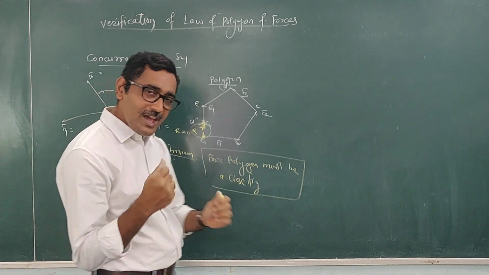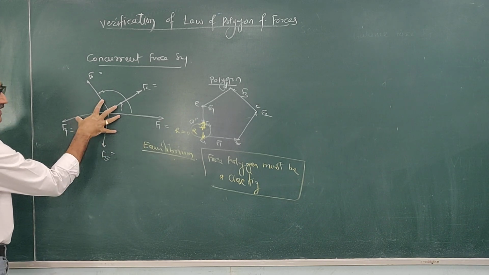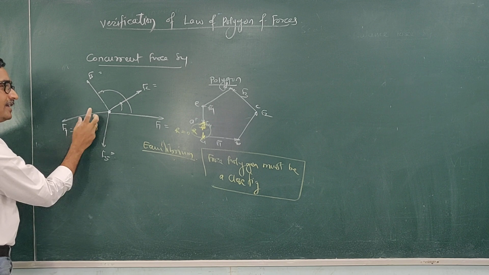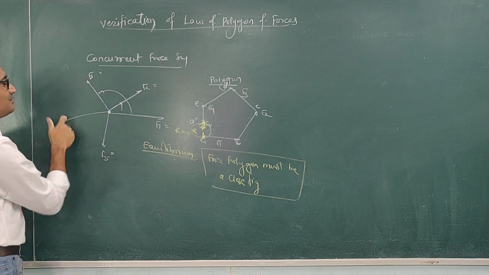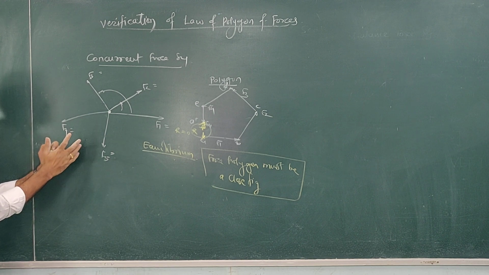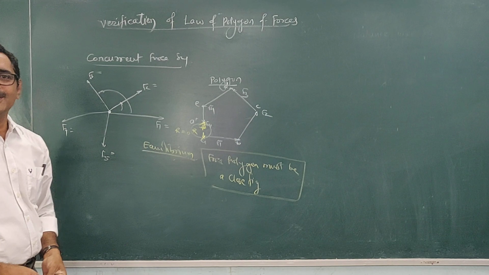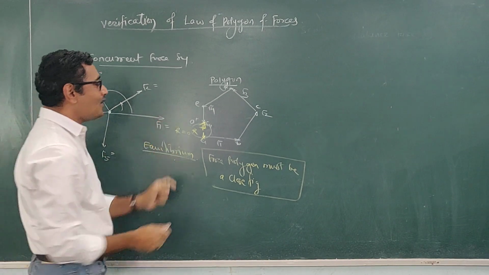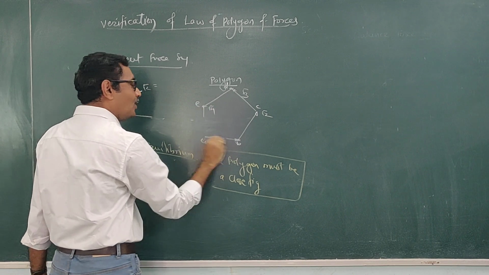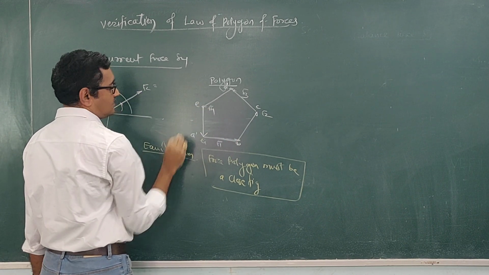So what we are going to do in our laboratory is create this force system which is in equilibrium. To keep it in equilibrium, we are changing the magnitude as well as the angles or direction of the forces. With that force system, we are going to plot the polygon, and we have to prove that the last point will coincide with the first point.